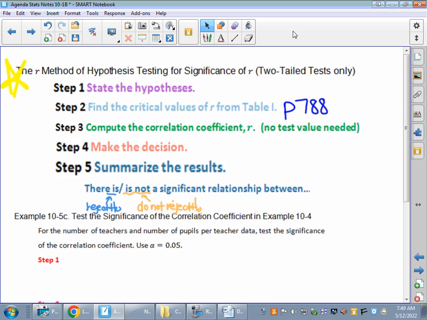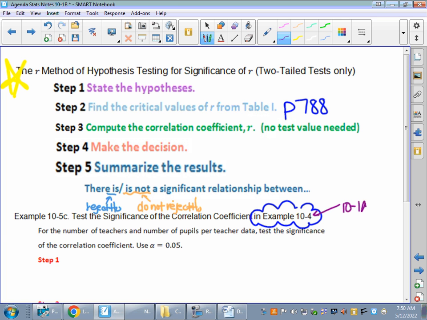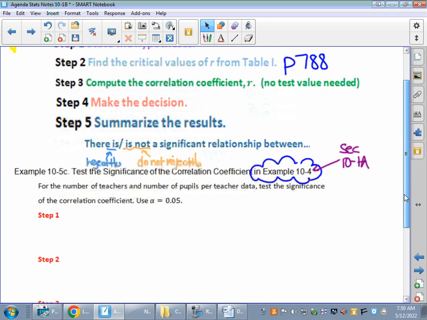All right, so let's do an example and I'll be done talking. So example 10.5c, test the significance of the correlation coefficient in example 10.4. This was back in section 10.1a, and it was about teachers and the number of pupils per teacher, and we hopefully have calculated that correlation coefficient.